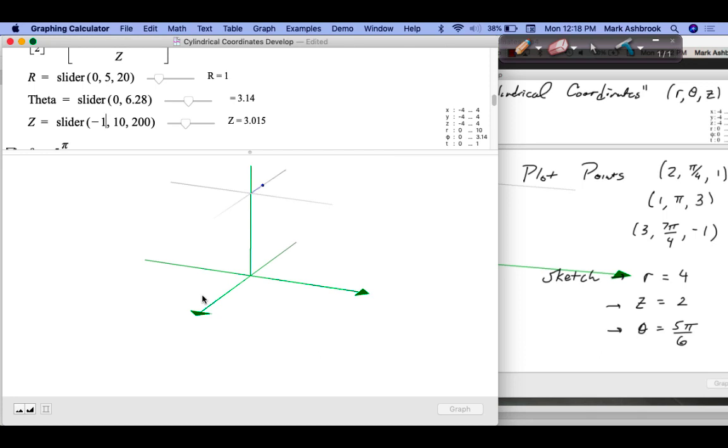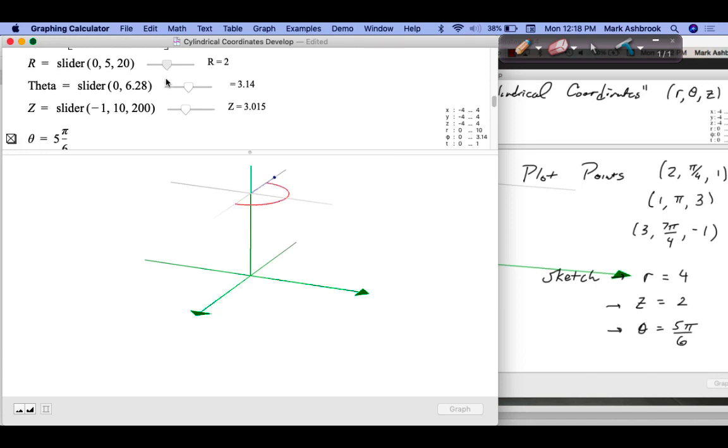Then (3, 7 pi over 4, negative 1). Where's 7 pi over 4? Yeah, that splits the fourth quadrant, right? Something like that. And then z equals negative 1. So down here. All right.